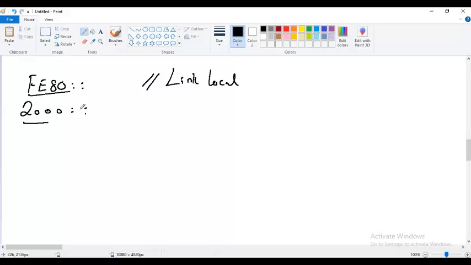Sometimes someone may ask you this question. What is a link local address? The link local or unicast address begins with FE80. Only this prefix you need to remember, FE80. The rest all will be different. FE80, and this address is used for neighbor discovery.